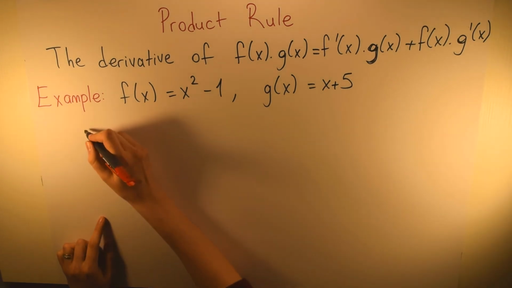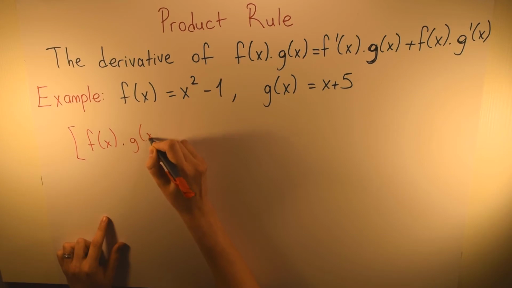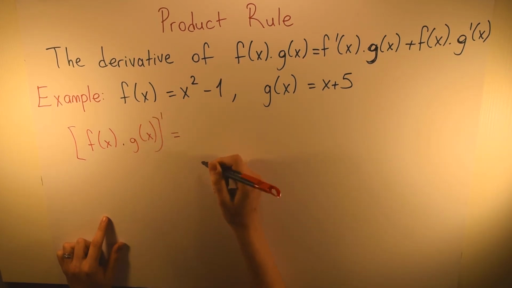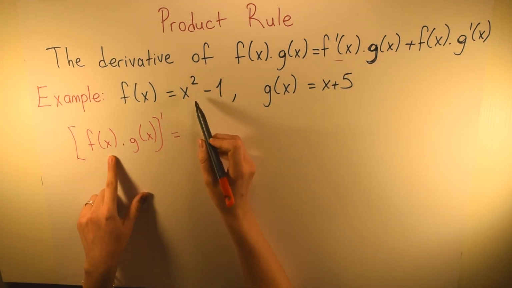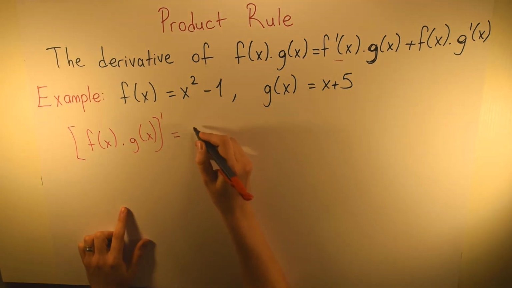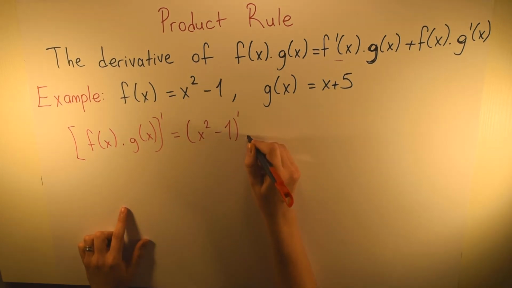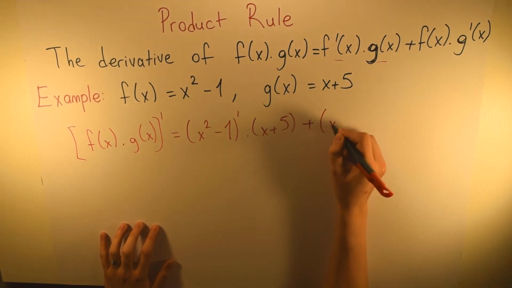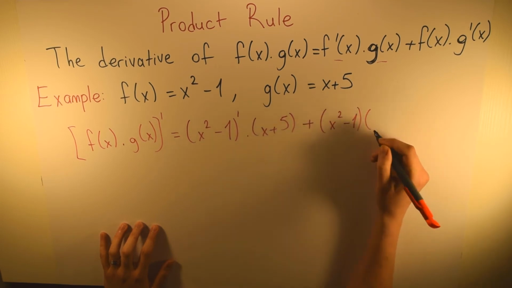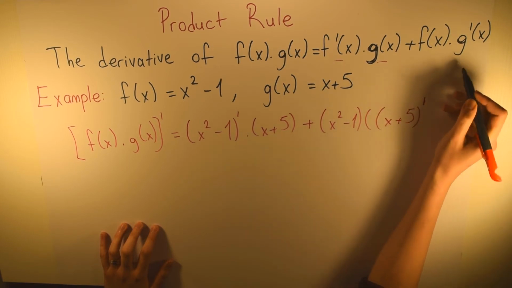So let's write here, f of x times g of x, and all of its derivative is equal to, so first we take the derivative of the first one, which is x squared minus 1, its derivative, times the second one, x plus 5, plus the first one, x squared minus 1, times the derivative of x plus 5, the second one's derivative.